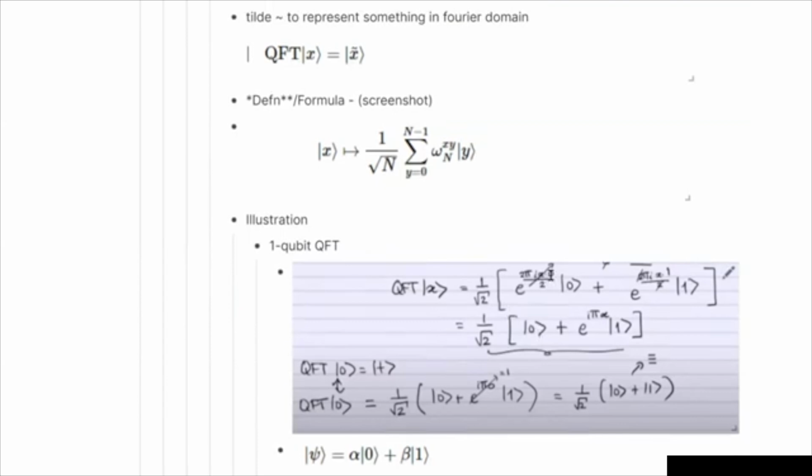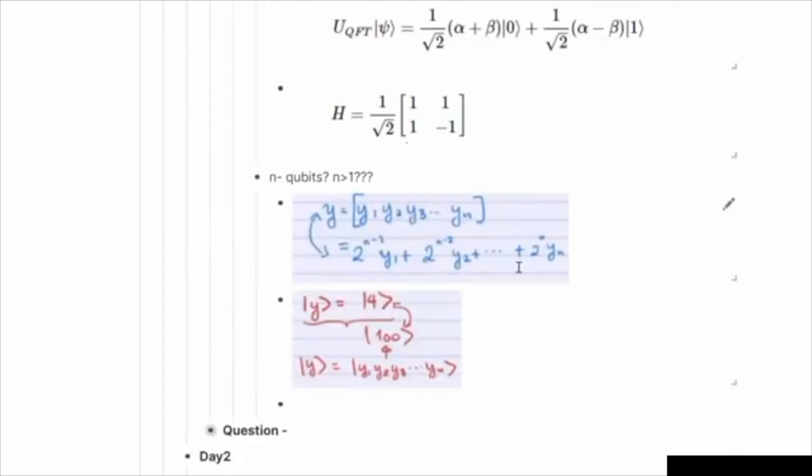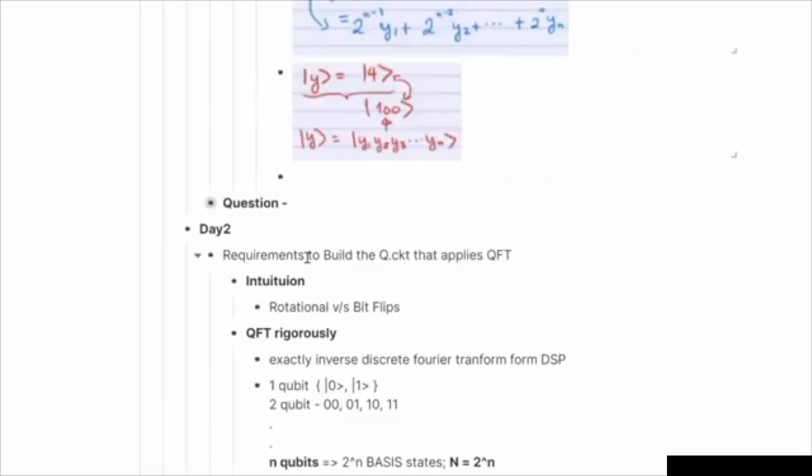We need to actually represent it in terms of this summation form. Because it's binary, it cannot be more than one. These are all basic things. So after telling you all this, let's go into the final derivation of the quantum Fourier transform into the form in which we can try to develop a circuit.